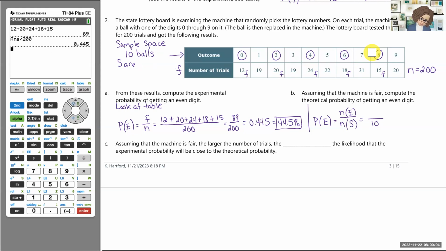Sorry, let me spell even correctly. 5 are even. All right, so in theory, we should get out of 10 balls, 5 out of 10 times, we should be getting an even, and that is 0.5 in decimal, or 50% of the time.